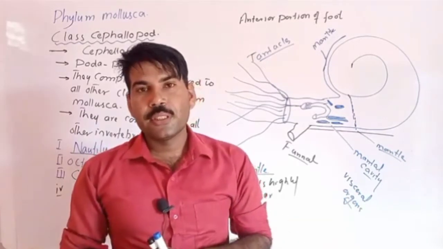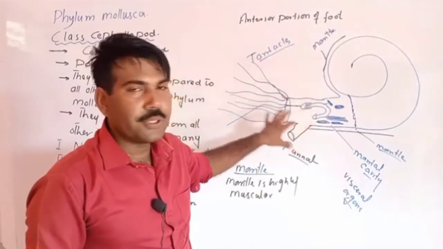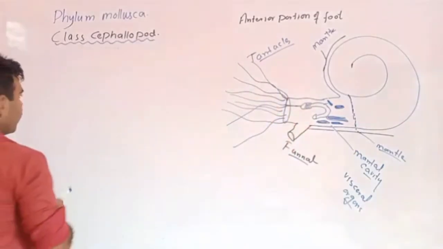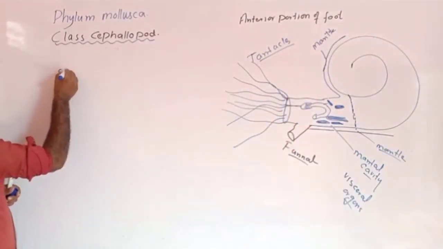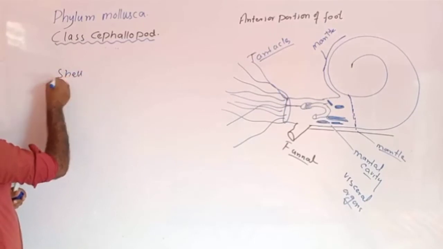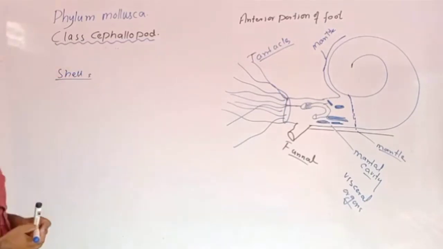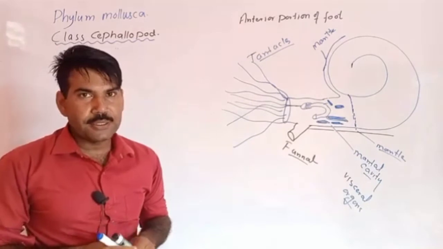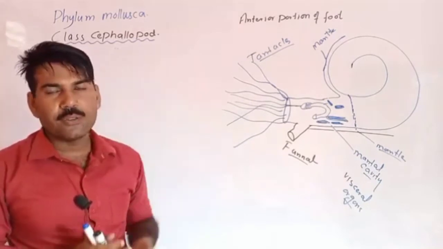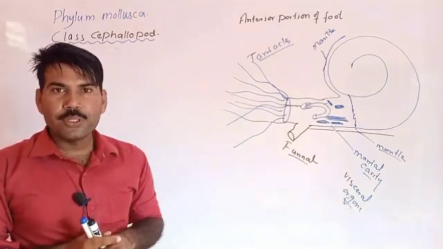To understand the shell, we have to classify the animals to understand better which type of shell is present in all the members of the class cephalopoda. So we will take a few examples.